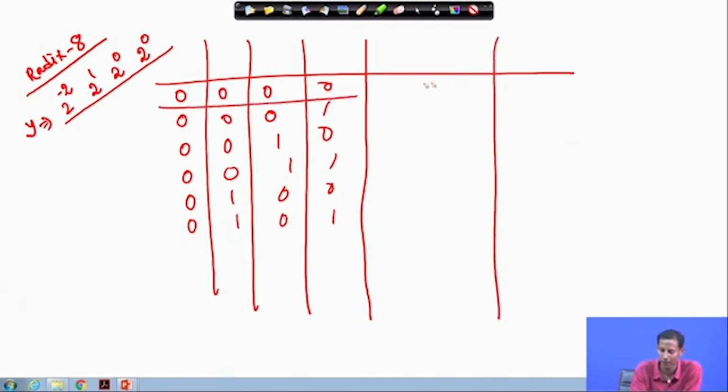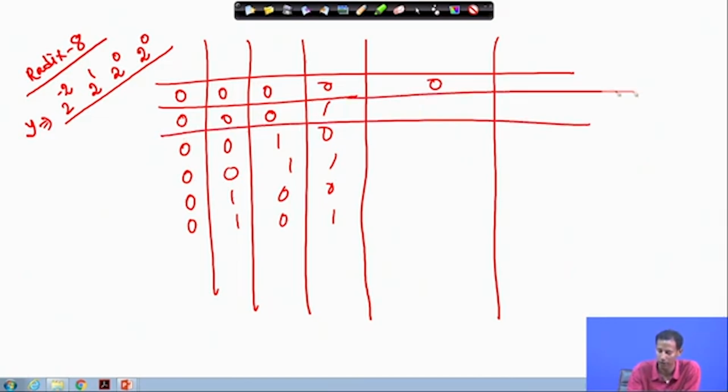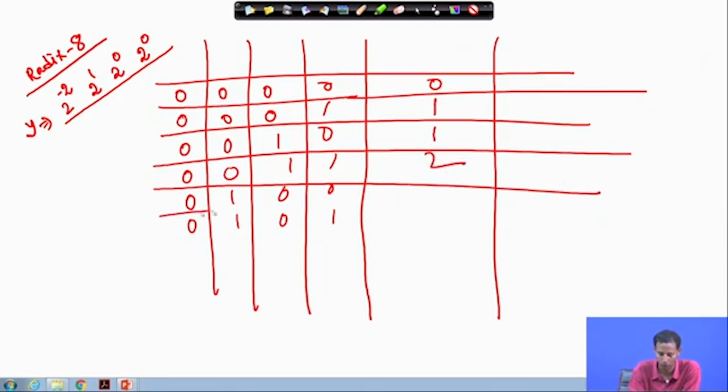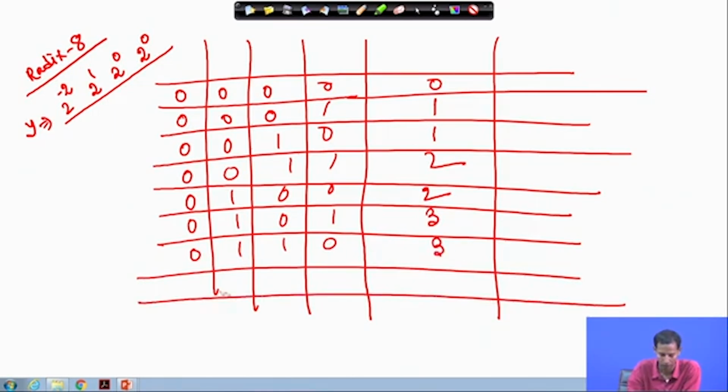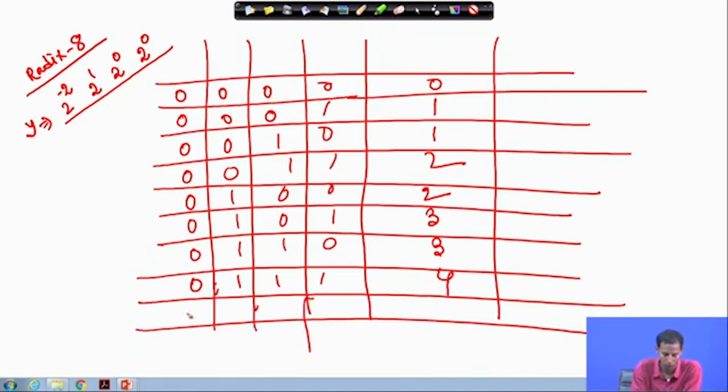So for this case it will be 0, for this case 1, for this case again 1, for this case this is 2, for this case this is 2, for this case this is 3, for 0 1 1 0, again this is 3, then for 0 1 1 1, this is total 4, then again for 1 0 0 0, this is -4. So something like this I will get.